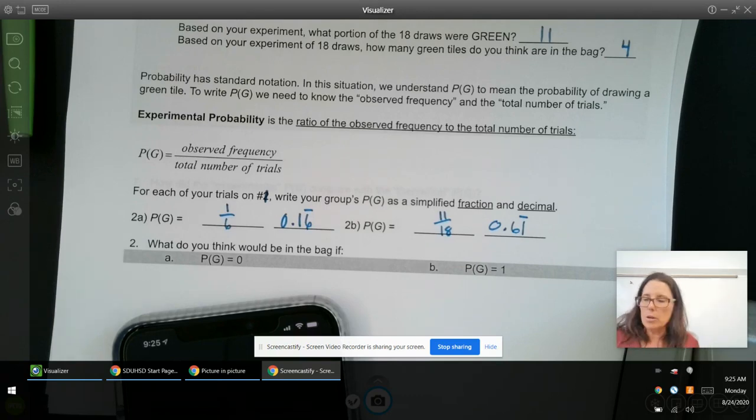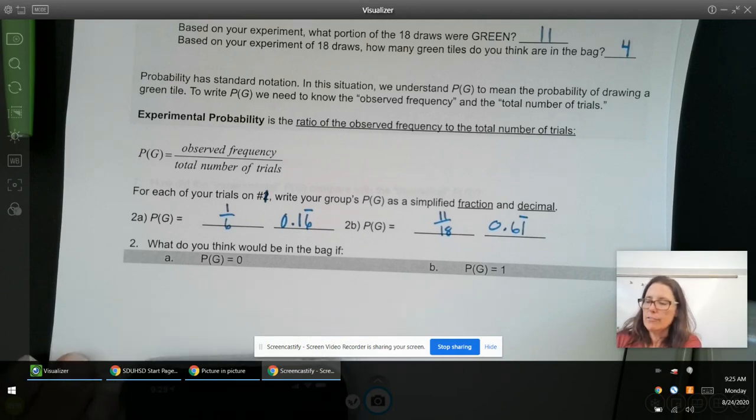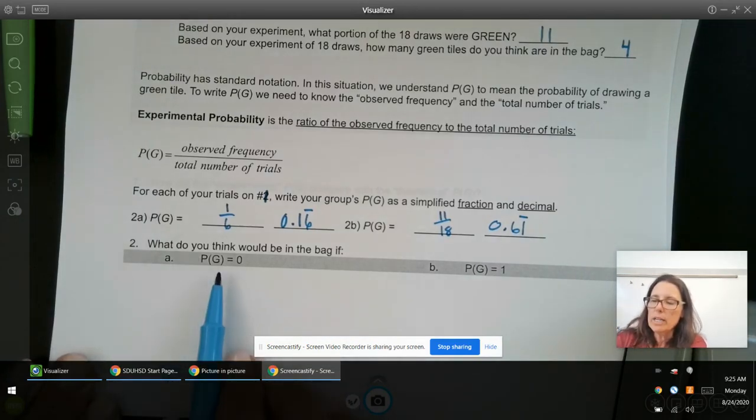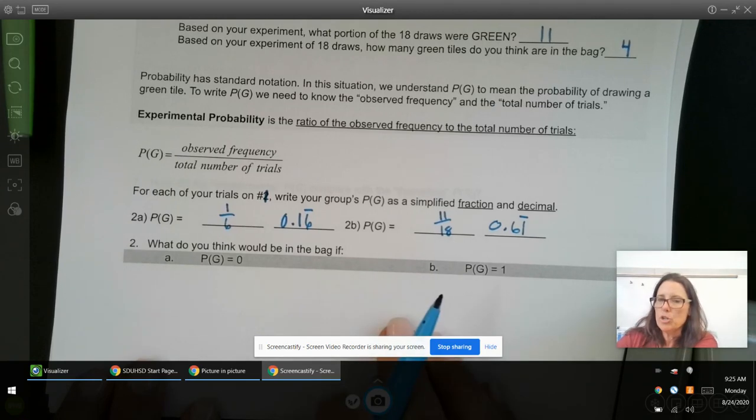What do you think would be in the bag if the probability of green is equal to 0? Does everybody understand that would be 0 over 6? 0 greens showed out of 6 draws, or 0 greens showed out of 18 draws.